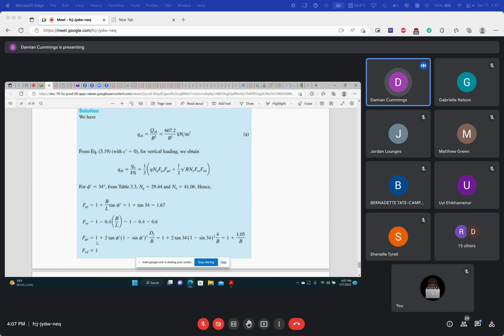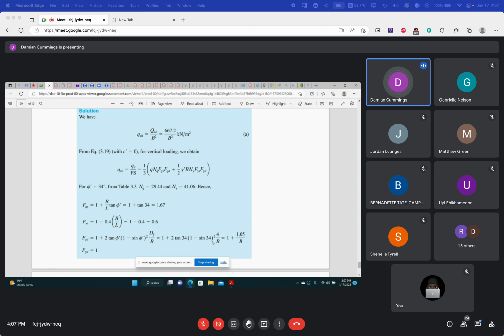And we have F gamma s, that's 0.6. So Fqd is equal to 1 plus 2 tan of phi times 1 minus sine of phi squared times the depth of the foundation over B. Both are given.